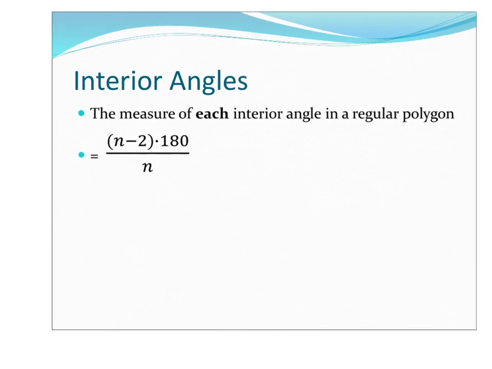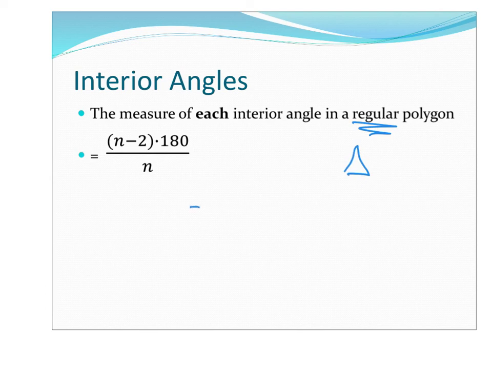Now, we're going to take that n minus 2 times 180, and let's say instead they ask you how much is one angle in a triangle. So again, let's do the formula. So let's say I said, how much is one angle in a regular triangle?